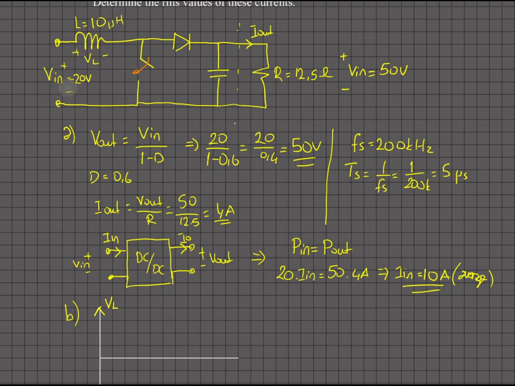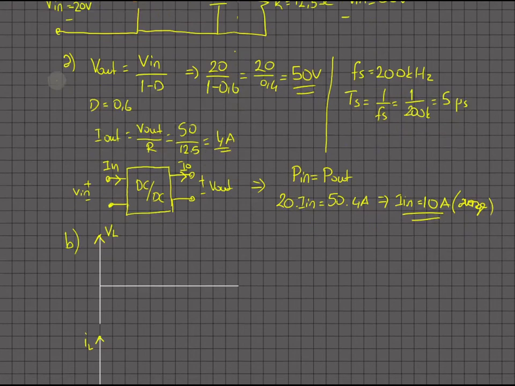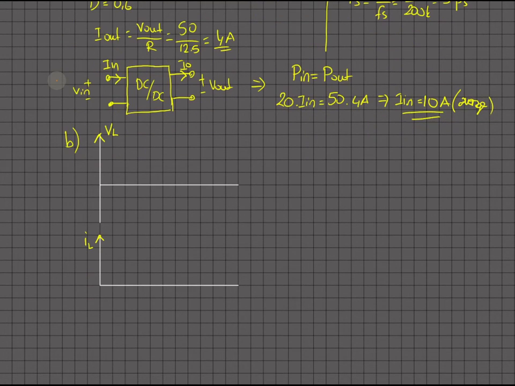So during switch on, or during D times TS, VL will be equal to the input voltage, right? Let's say each of those things is 10 volts, so this is 20 volts.